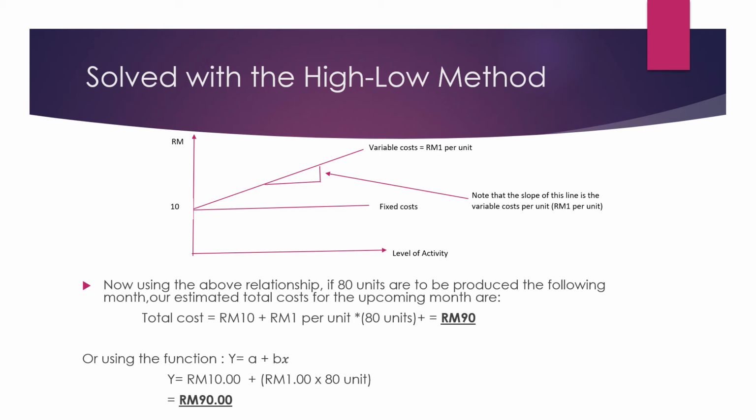So the answer equal to RM90. Or we can use the function y equal to a plus bx, y equal to 10 ringgit fixed cost plus RM1 variable cost multiplied by 80 units to be produced. So the answer equal to 90 ringgit.